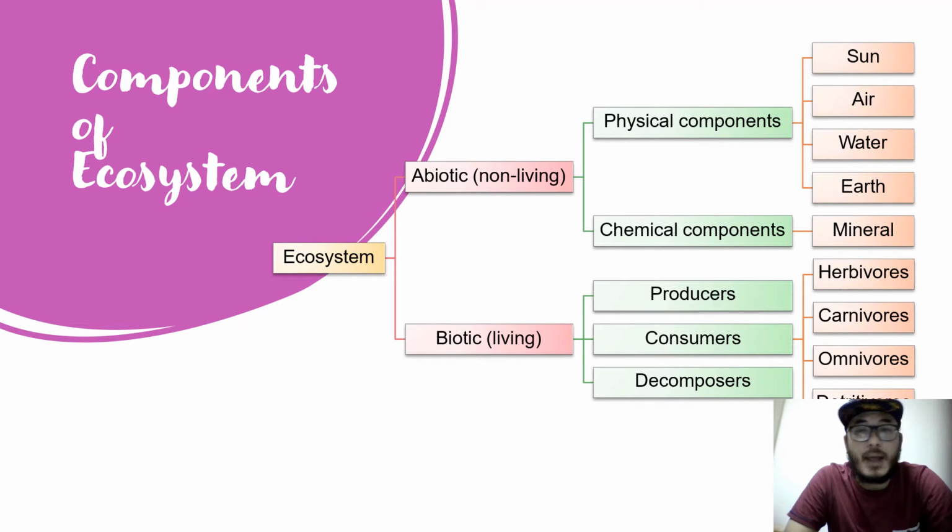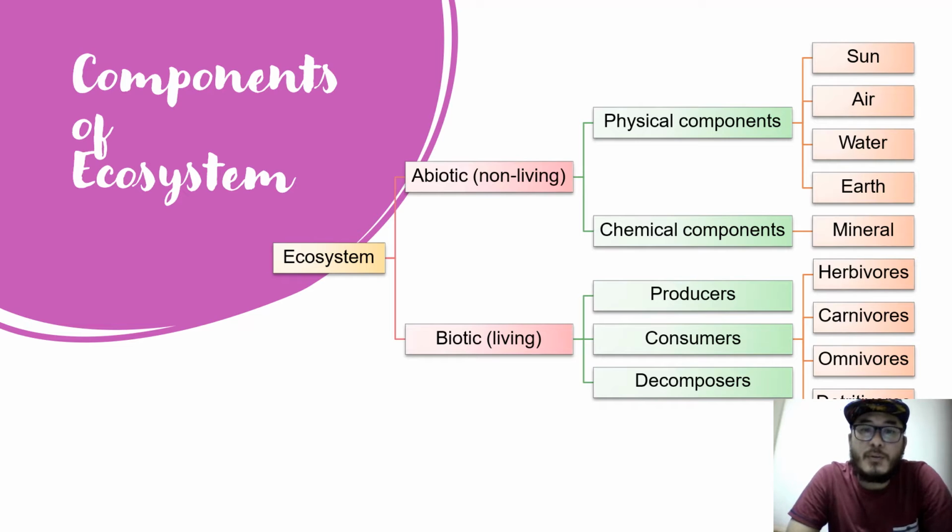For example, calcium or salt or magnesium and so many things that are benefiting to whom? Yes, benefiting to all living things. It doesn't matter whether it is human or animal or even plants.